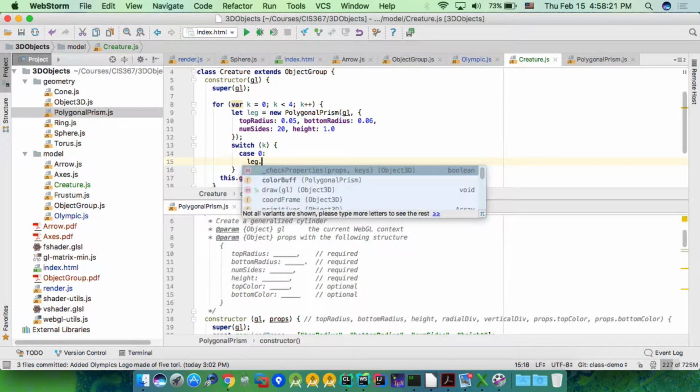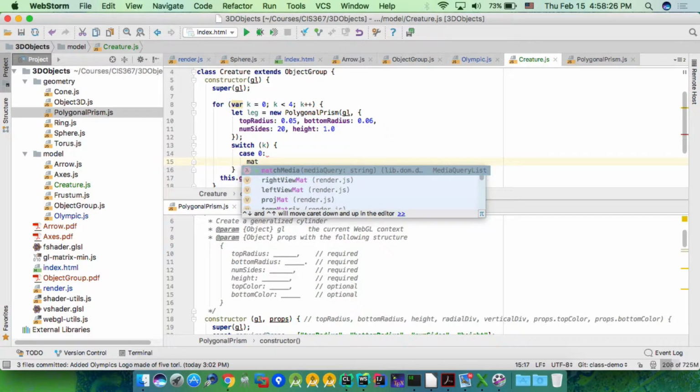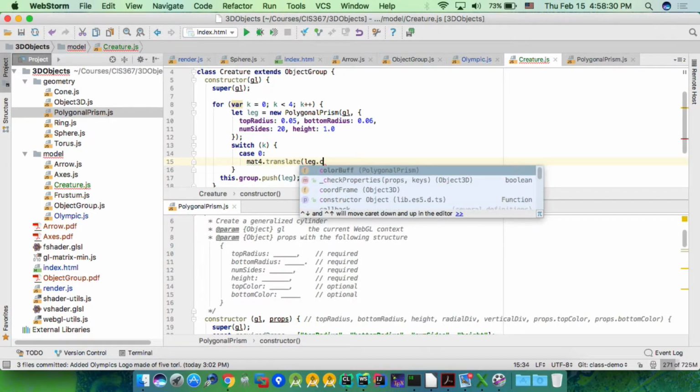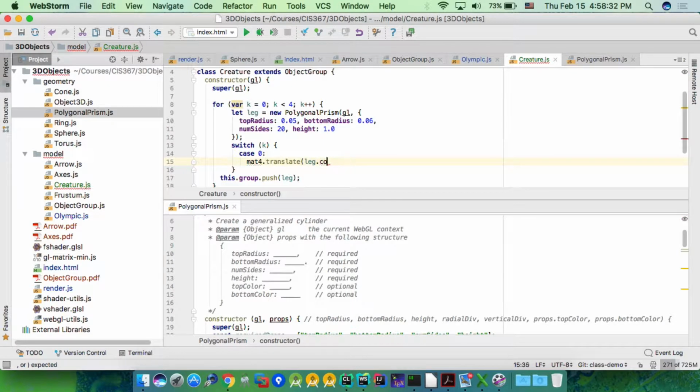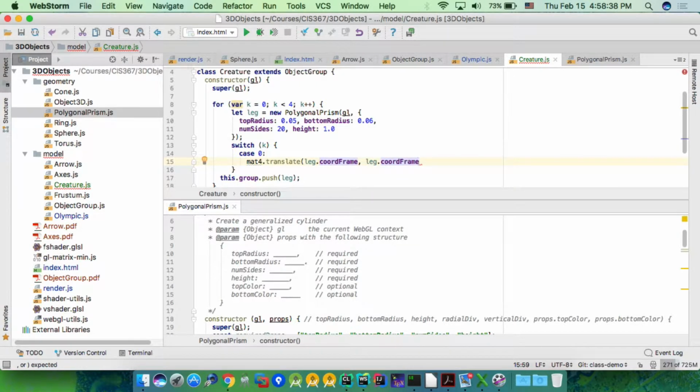Okay, so then we want to transform, we want to translate. So I'm going to do mat for translate, leg coordinate frame. So what would be the amount of the translation? It will be on what plane?